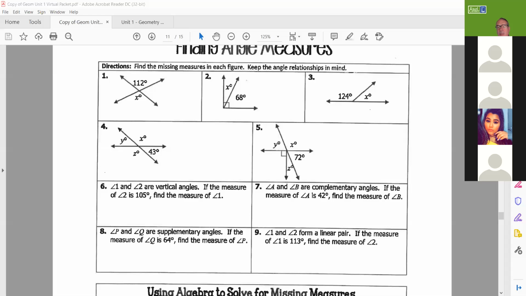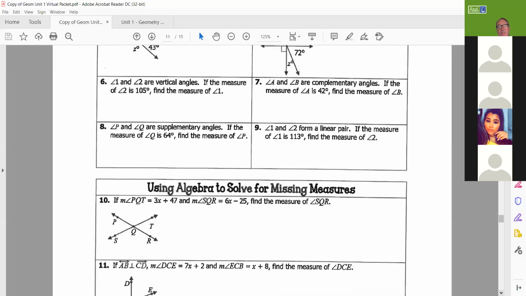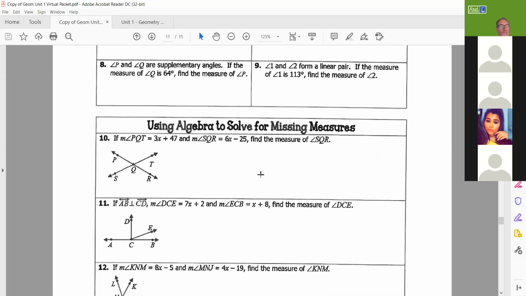So if we go back to this handout, now you have to apply some algebra. PQT is 3x plus 47. SQR is 6x minus 25.